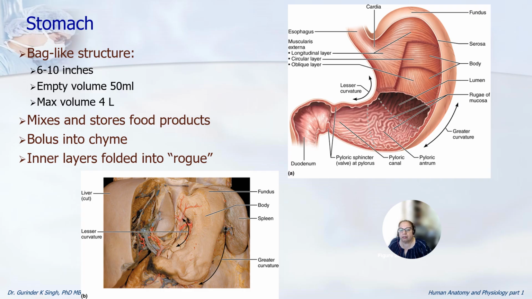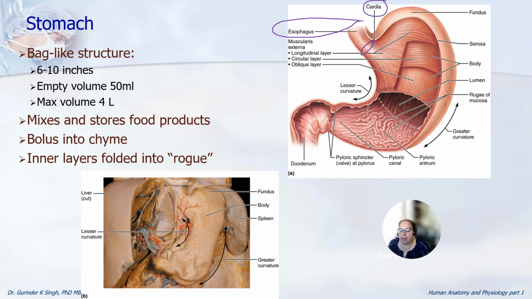Okay, so let's look at this picture to see its structure. This is the esophagus, which was coming from here, and then the cardiac sphincter, or the gastroesophageal sphincter, is present here. This region, which is the first region, is known as the cardia.